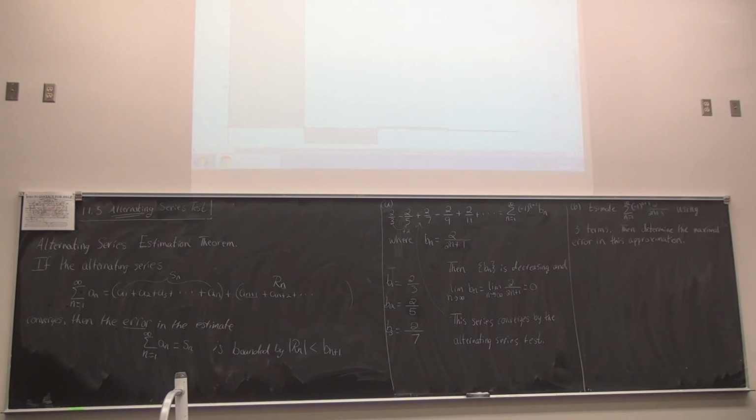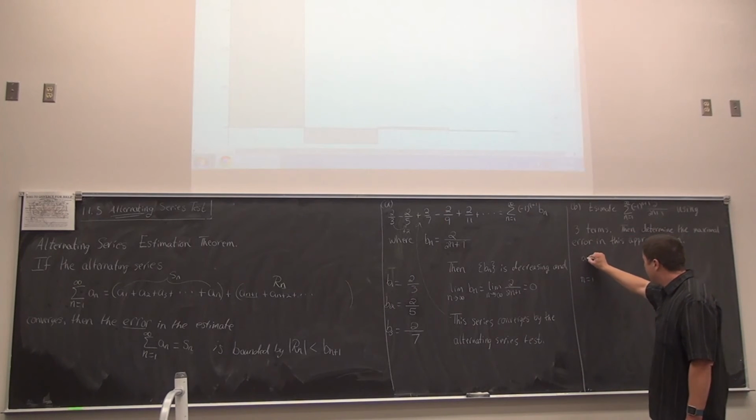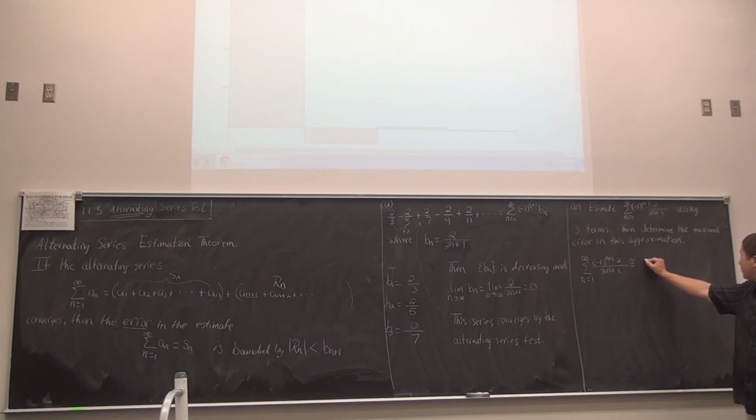The first part is really just seeing if we know how to make that estimate. So for the first part, I'd write the summation as n goes from 1 to infinity of negative 1 to the power n plus 1 times 2 divided by 2n plus 1 is about equal to, and now we're ready to make the estimate. It's going to be approximately equal to S3.